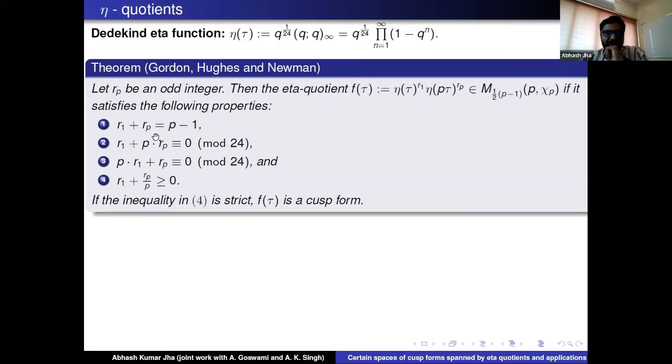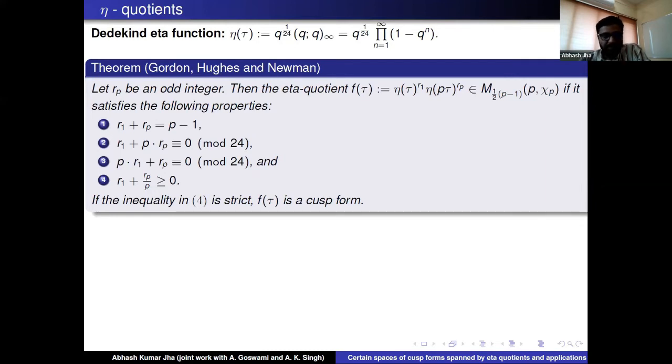First, r1 plus rp is p minus 1, and these two congruences should be satisfied by r1 and rp: r1 plus p times rp is divisible by 24, and p times r1 plus rp is also divisible by 24. And the inequality: r1 plus rp over p is bigger than or equal to 0. If this fourth inequality is strict, then f becomes a cusp form. So this is a characterization of when an eta quotient becomes a modular form or cusp form.